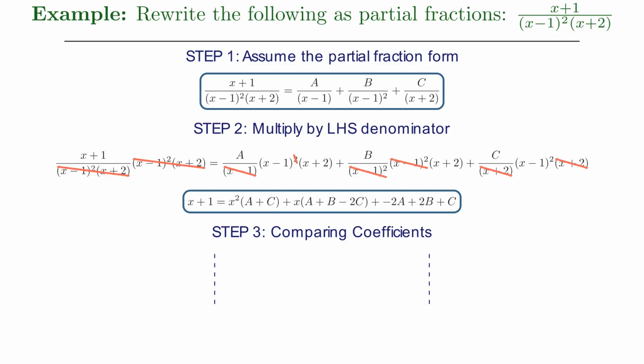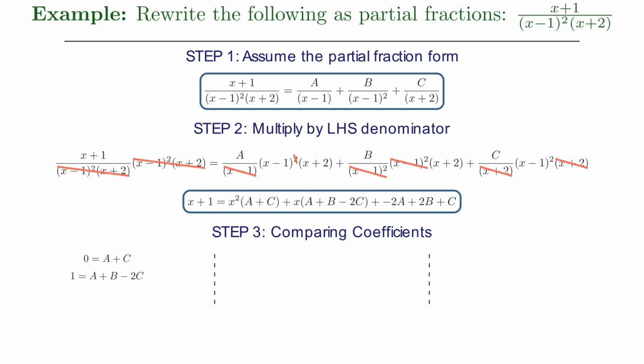The first equation comes from comparing the coefficients of the x squareds. On the left hand side there's no x squared, so the coefficient is 0. And this is equal to the coefficient of the x squared on the right hand side, which is A + C. So this gives us 0 = A + C. Comparing the coefficients of the x's, this gives us 1 = A + B - 2C.